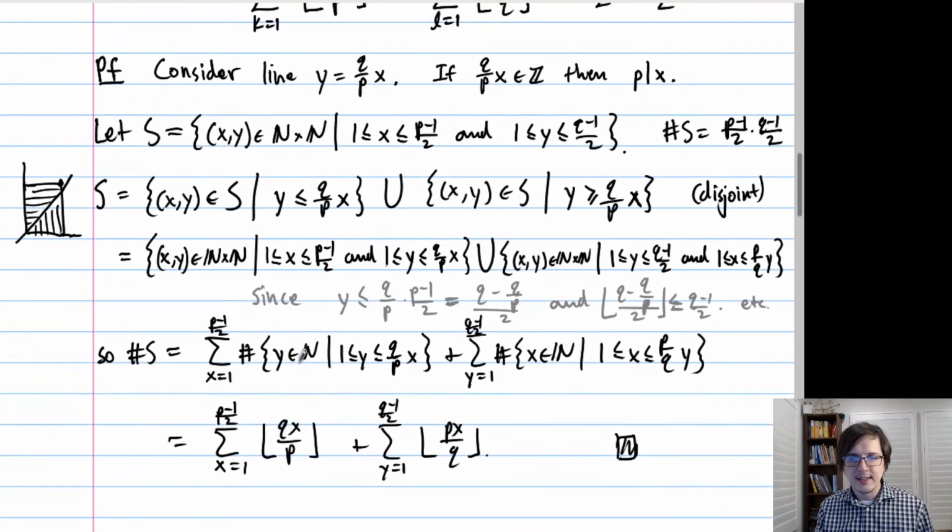Now the size of the slice, all the points that are between 1 and whatever this is inclusive: in general, if you have less than or equal to, what you can do is take the floor of the top minus the floor of the bottom, add 1.